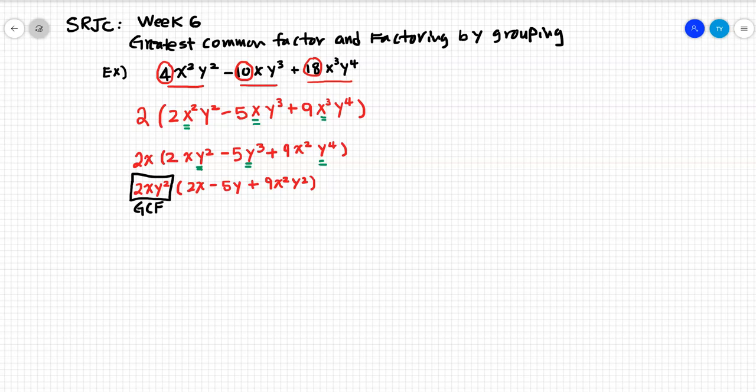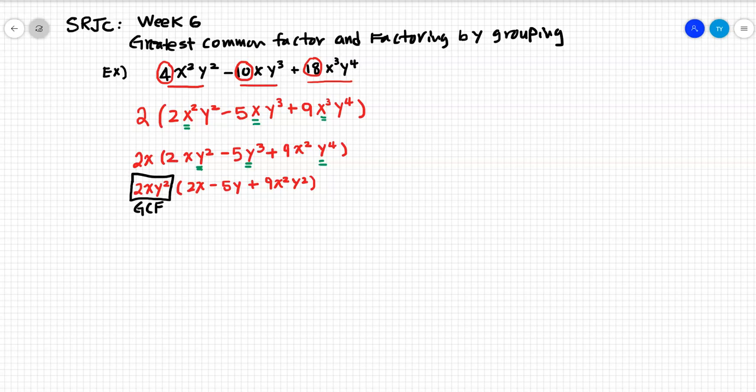It's not that difficult, because you just have to look for the common constants and the variables.